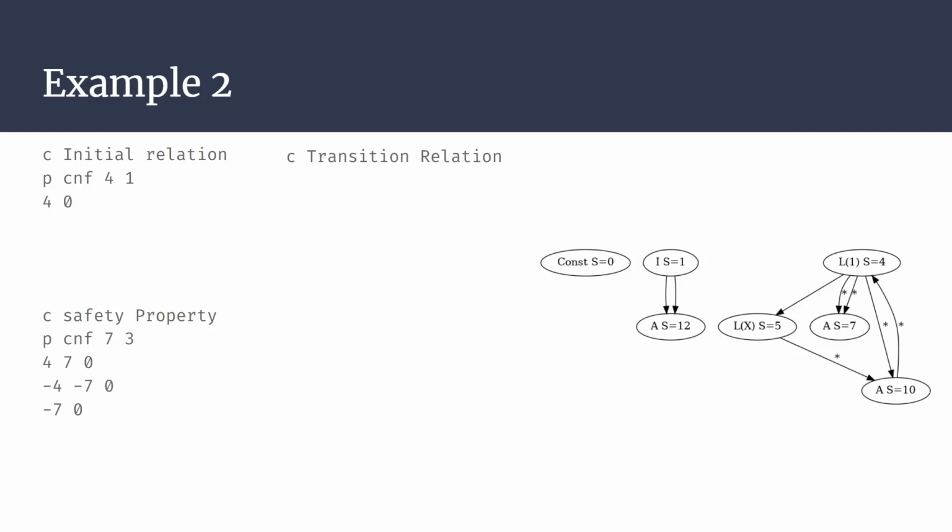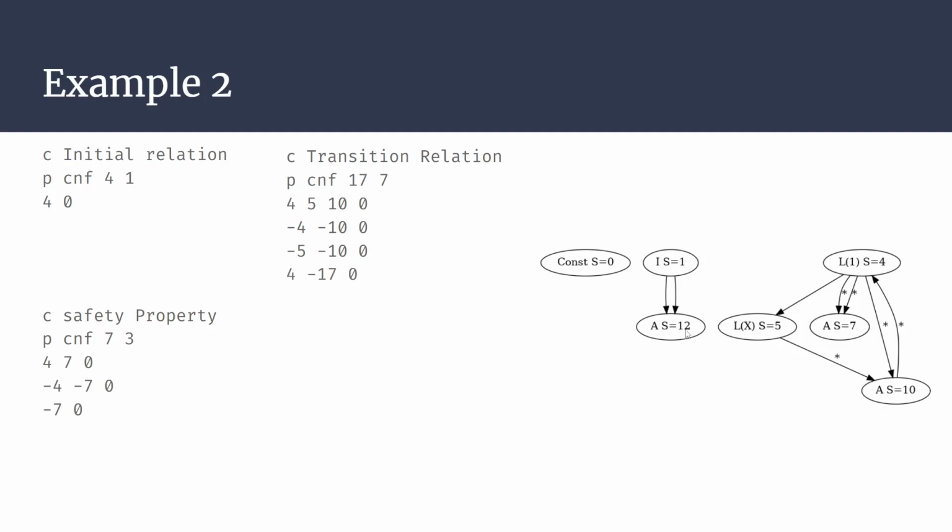For the transition relation, we first have to encode the AND gate that is S10. We do that with 3 clauses. And then we have to first take the next state of S5, so the next state of this latch right here, and that would be 5 plus 12, which is 17.